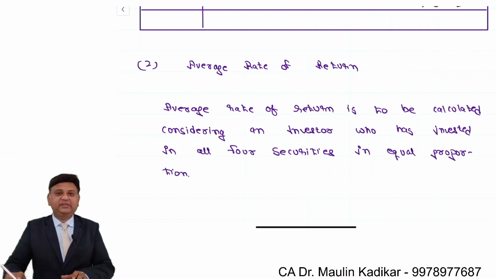So assuming that an investor is investing in all 4 securities in equal proportion, we are required to compute the average rate of return.